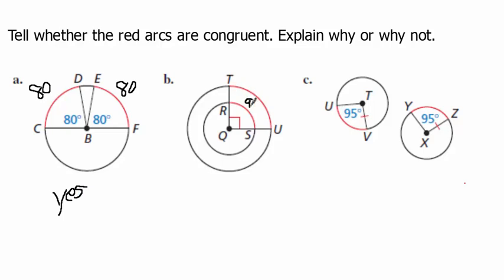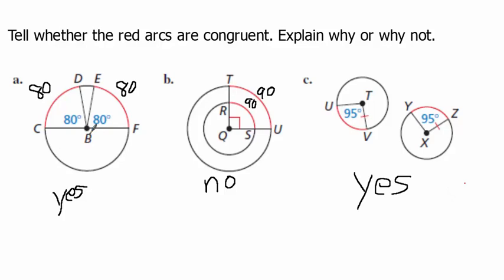Even though both of these two arcs are 90-degree arcs, are they congruent? They're not congruent because they are not on the same size circles. I see tick marks that tell me that the radius are the same, the angles are the same, so these are congruent arcs.